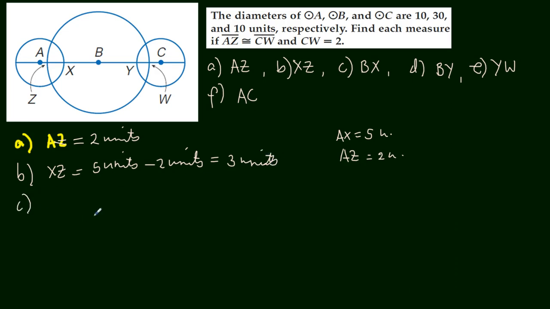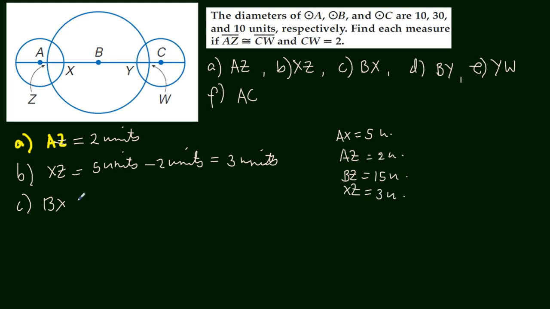C, BX. We know that B zeta is equal to 15 units. And X zeta is 3 units.